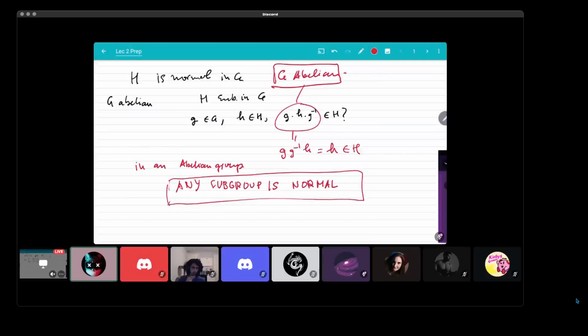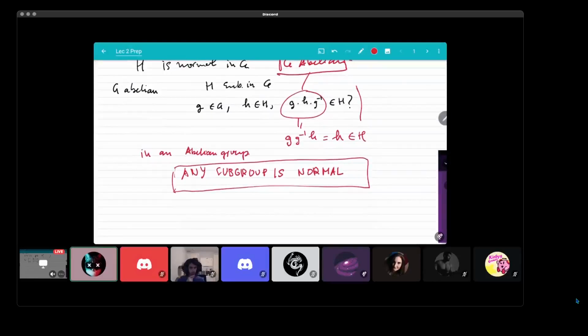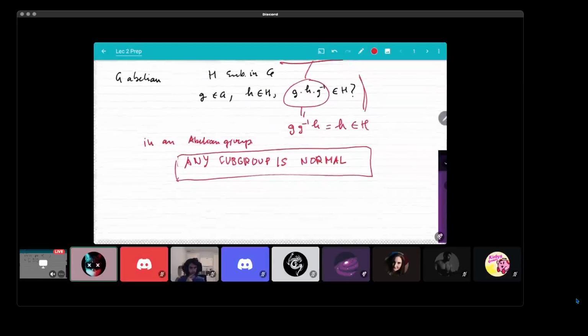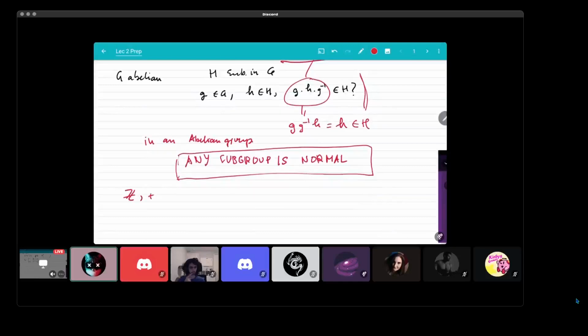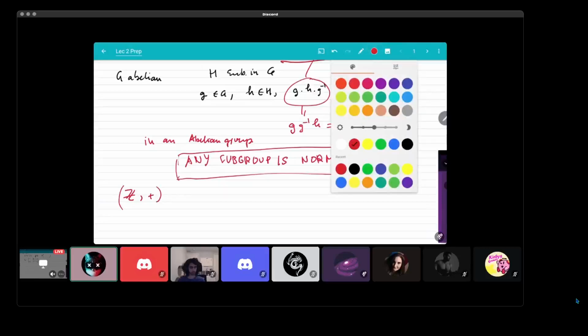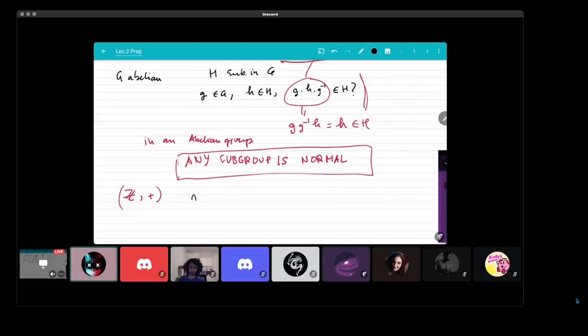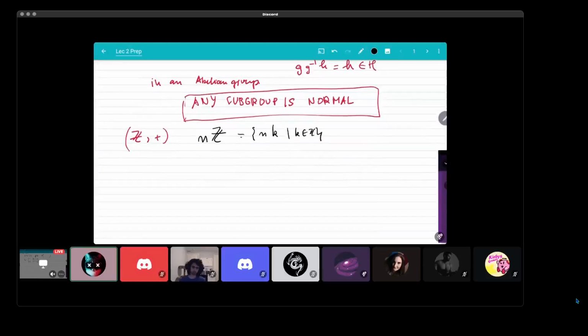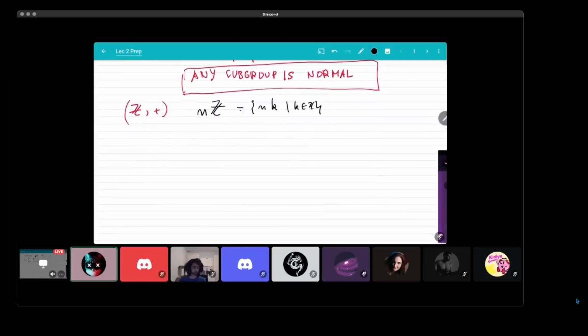For example, if we want to check this property in a concrete way, take the additive group of integers and a subgroup. We've seen that subgroups of the additive integers are of this type, so for example the even integers, the subgroup 2Z.